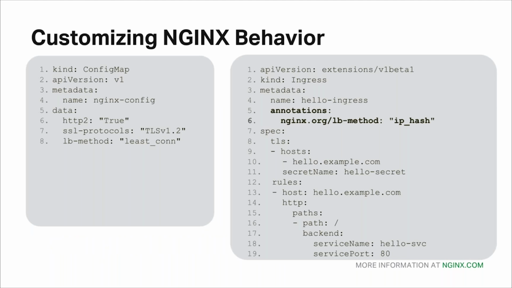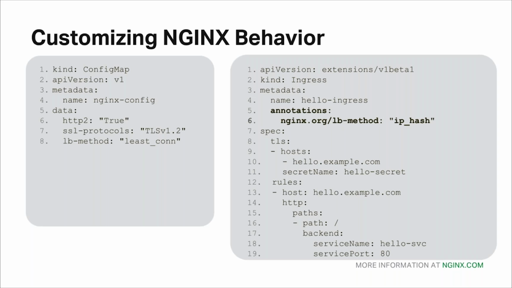First, let's see how to customize NGINX behavior. And there are 2 ways. The first, the config map resource. This resource is useful for storing arbitrary key value string pairs. If you deploy a config map resource with the name nginx-config and in the same namespace as the Ingress controller, the Ingress controller will use the content of the config map to customize NGINX behavior.